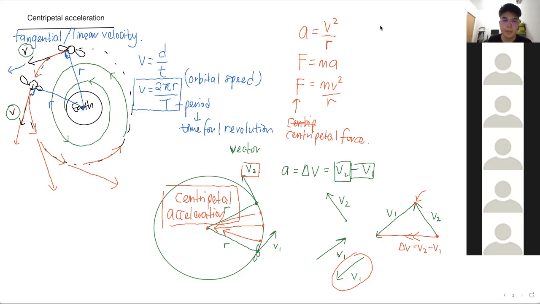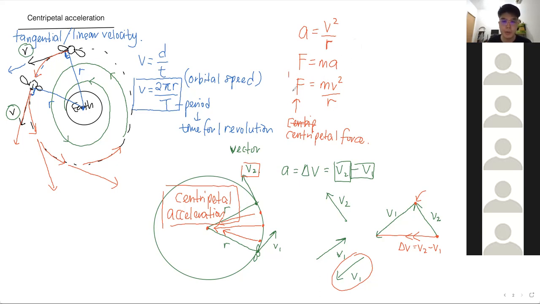So for the planets and satellites that orbit around the Earth, they experience a centripetal force. Why doesn't the centripetal force pull them towards the center of the planet, downwards towards the Earth? We already talked about that, right? Because of the linear velocity. But if it loses the linear velocity, then it will start to fall down.